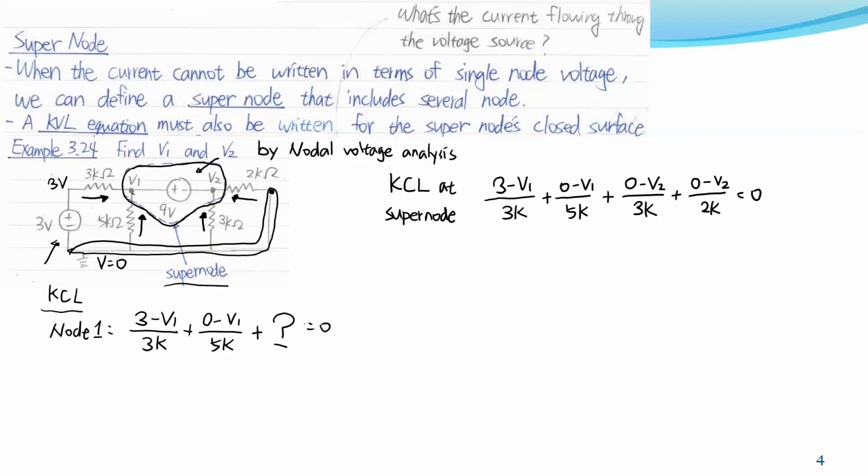So the relationship between V2 and V1 is V2 plus 9 volts equals V1, because V1 has a higher potential than V2 by 9 volts. So V1 is 9 volts higher than V2, which means V2 plus 9 equals V1.